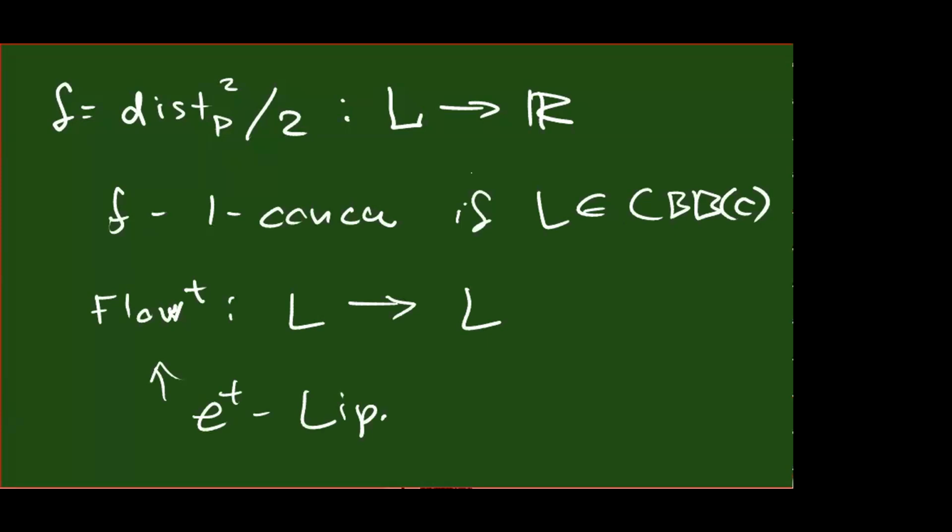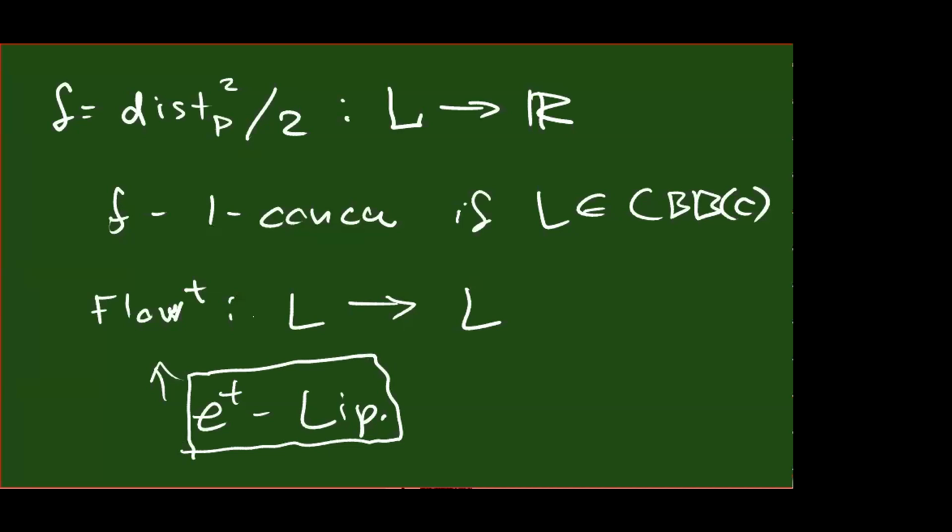This is essentially the Picard theorem, except that instead of equality you use inequality; it repeats the proof of the Picard theorem in ordinary differential equations. So we have this Lipschitz map, but I want it to be short.